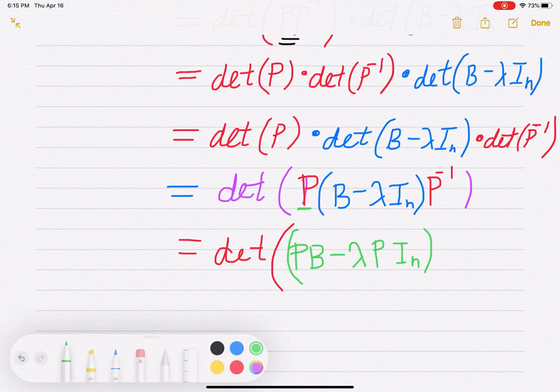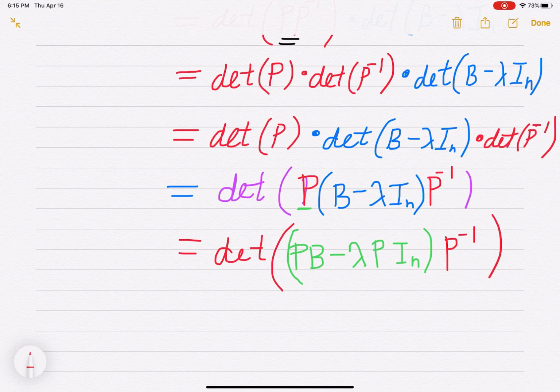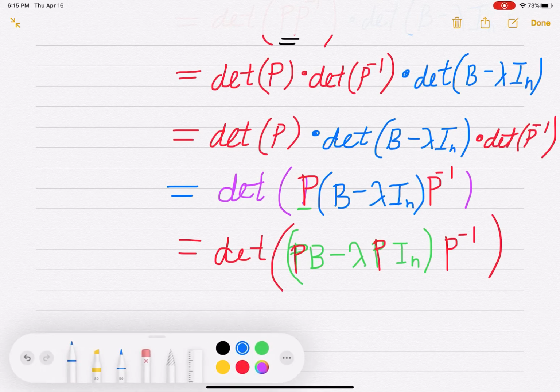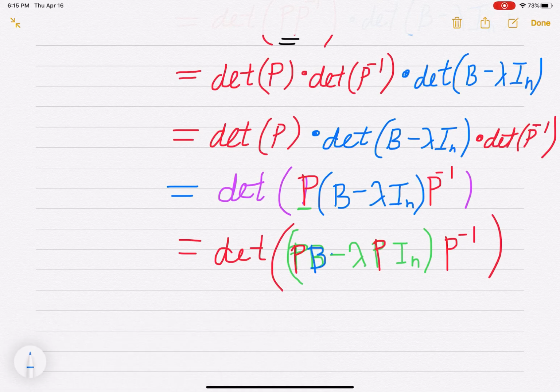And then on the right, we're still going to have that little P inverse there. We haven't distributed that through. So I multiplied the red P through here, and I have PB minus lambda PI.